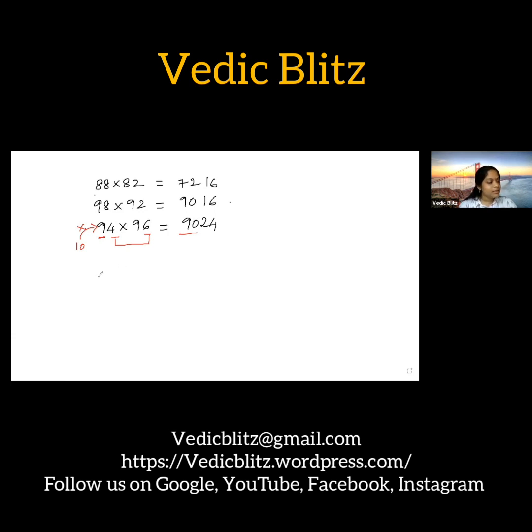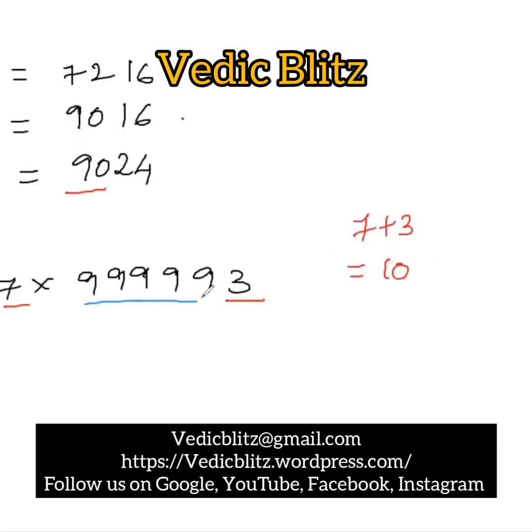In this way, you can write down the answer. 99,999 multiplied by 99,993. If you have such a long multiplication, here the right hand side digits we should take, 7 plus 3 is 10. 10 is a Purak. And for the rest of the digits, we should see all the digits are matching.